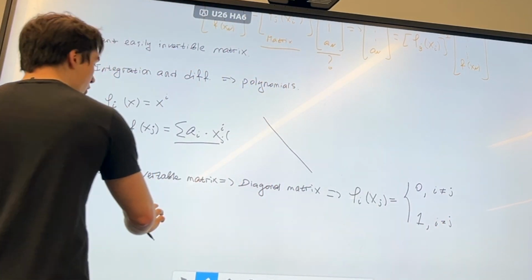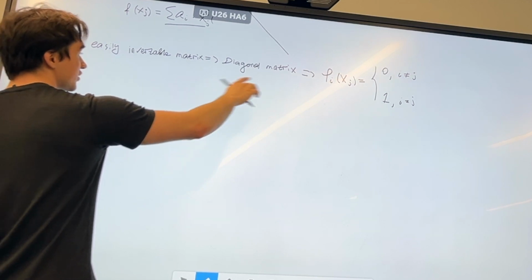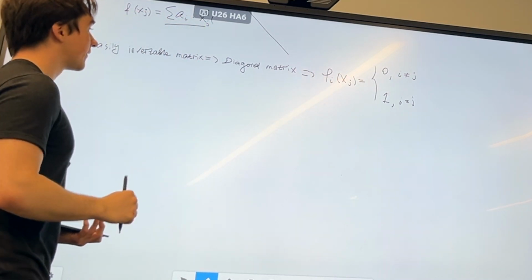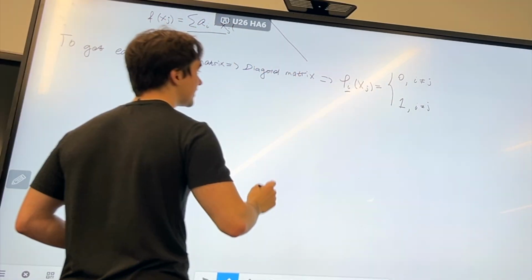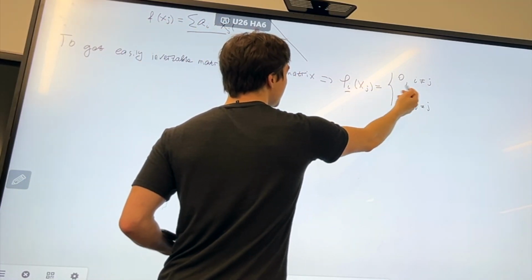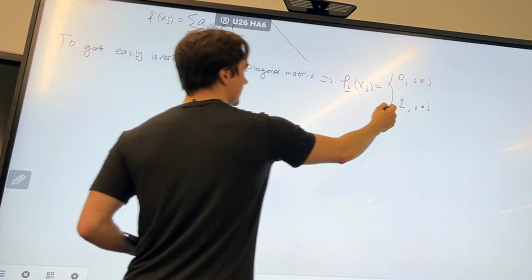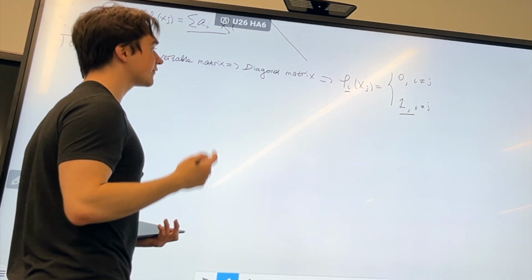And now our problem is reduced to finding such functions phi i of x that at point xj it's equal to 0, and if i equals j it's equal to 1.